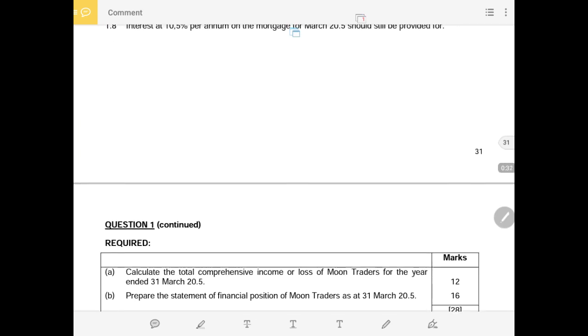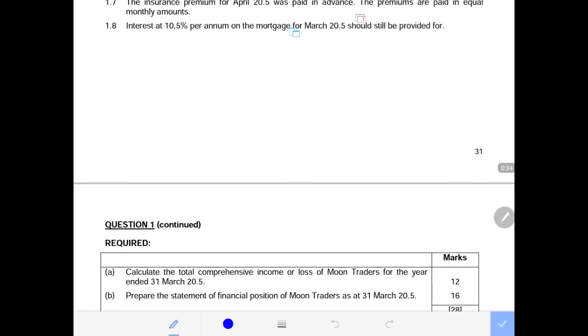We are required in this question to calculate the total comprehensive income or loss of Moon Traders for the year that ended 31st of March 2005. The second and the last requirement is to prepare the statement of financial position of Moon Traders at the end of the same accounting period, which is 31st of March 2005.